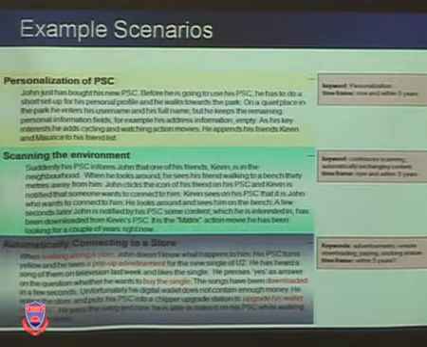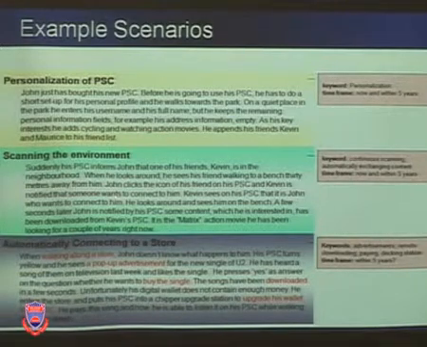When he looks around, he sees his friend walking to a bench 30 meters away from him. John clicks on the icon of his friend on his PSC, and Kevin is notified that someone wants to connect to him. Just intelligence.